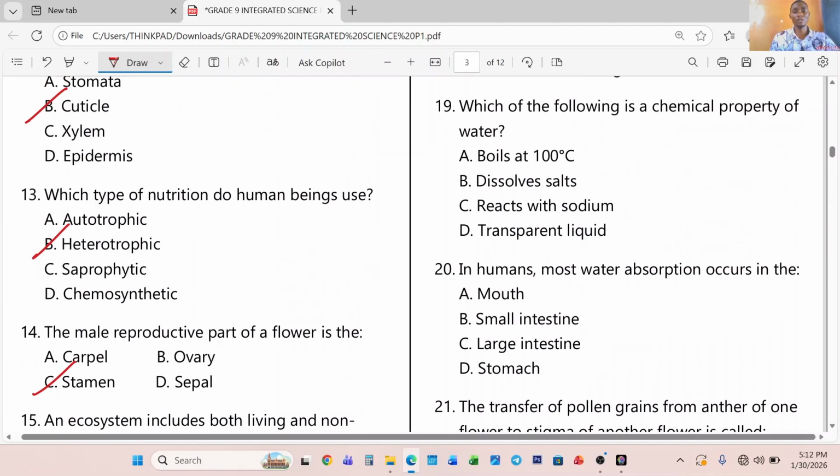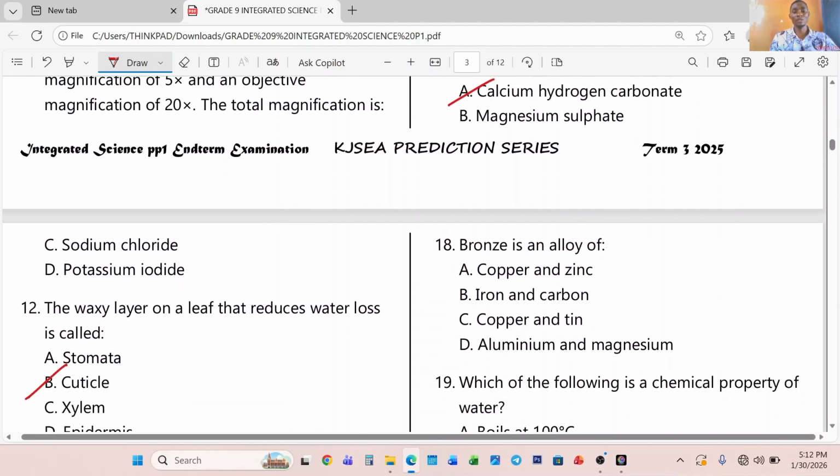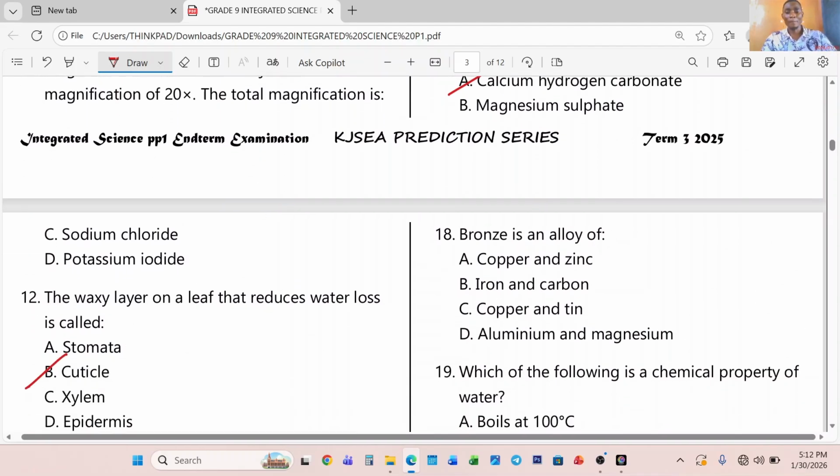Question 18. Bronze is an alloy of, A, copper and zinc, B, iron and carbon, C, copper and tin, D, aluminium and magnesium. We need to know that copper and zinc gives us an alloy we call brass.